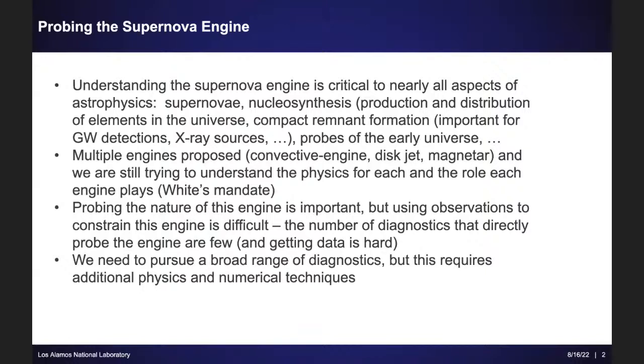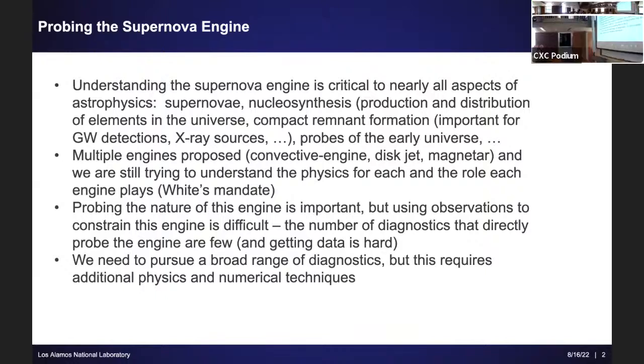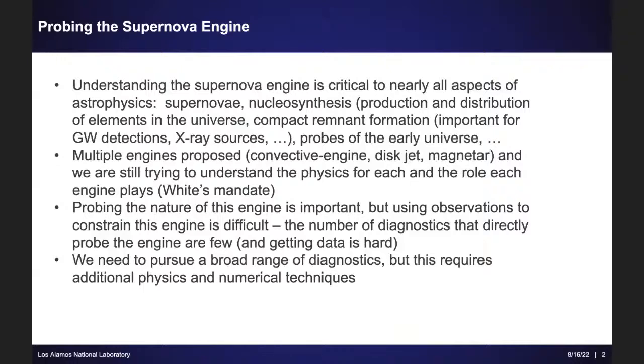So we have all these things that supernova affect. We need to understand the engine, and there's more than one engine proposed. There's an engine where you have core collapse, neutrinos, convection driving the explosion, but NOM is here, so I would be remiss in not saying that you can also get jets from disks, and I think NOM and I agree on what we mean by jets, because it doesn't mean that it has to be an MHD driven relativistic jet.